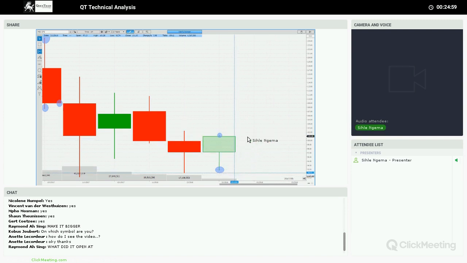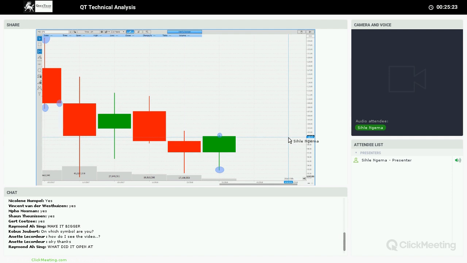Hence, my green color is identifying all of that for me. The color of the candle is green, showing me that the overall activity of this particular candlestick, the share price, is going up and it's not coming down.